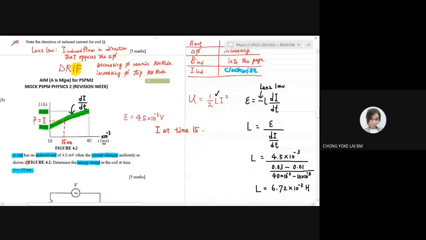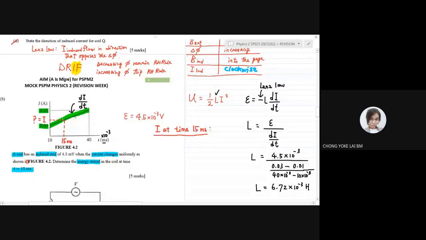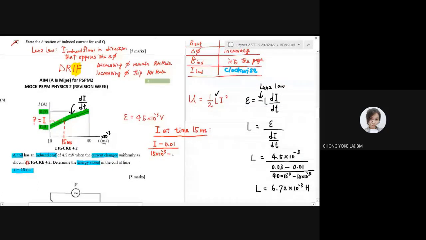Kita gunakan gradient ni lah. Segitiga ni. So, kita ada I minus 0.01 over 15 millisecond minus 10.